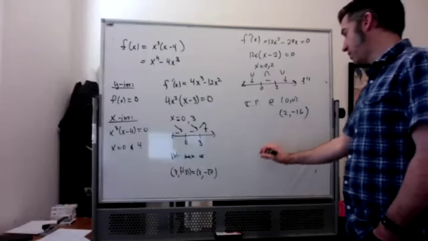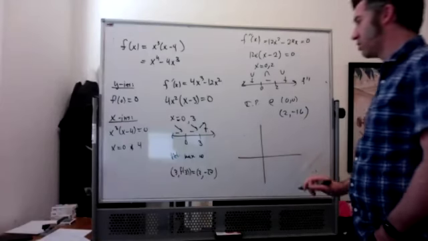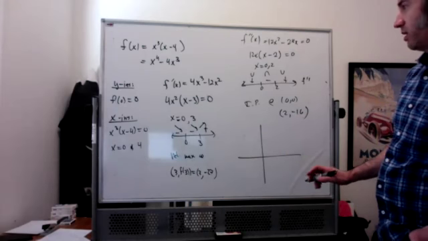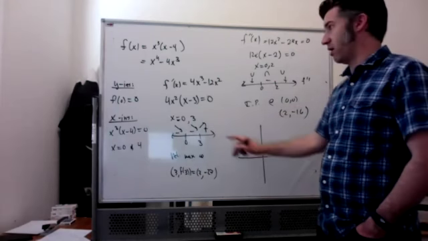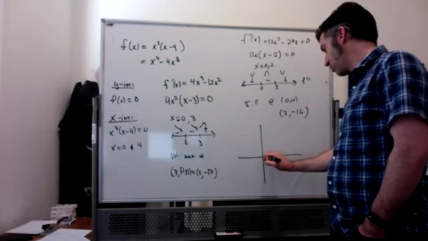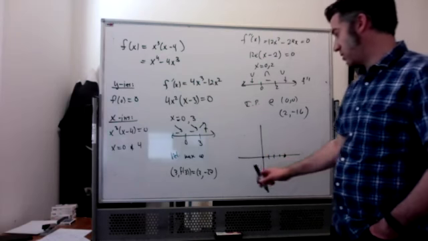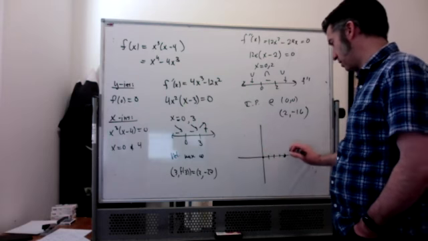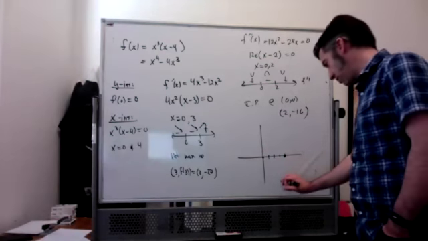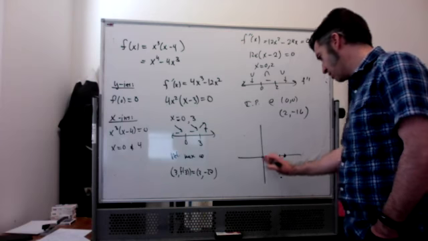So the graph of this would look like, let's see, we have intercepts at 0 and 4. And we know it's decreasing, decreasing, increasing. We have a minimum at (3, negative 27). It's going to look like this.